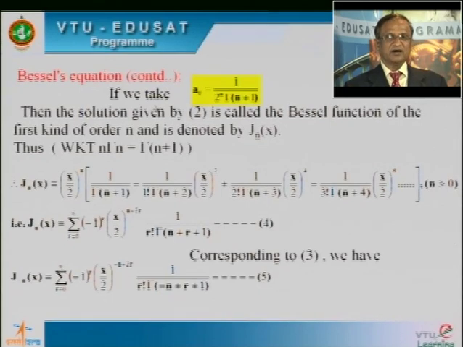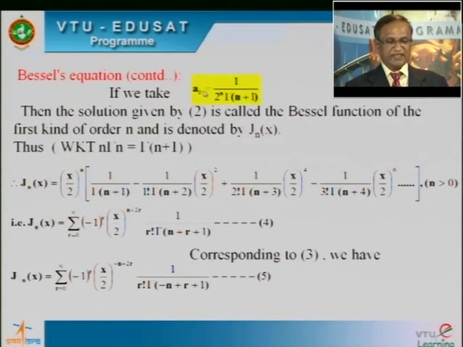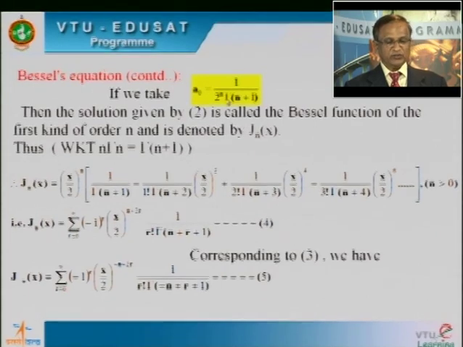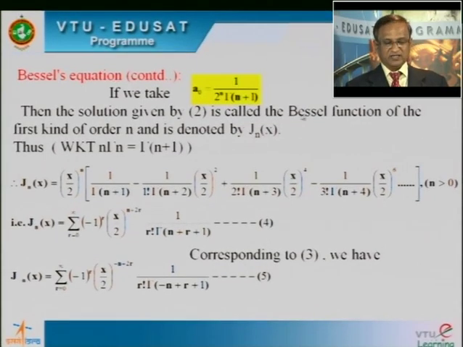Suppose I replace a₀ by 1/(2^n Γ(n+1)). Then the solution given by equation 2 is called the Bessel function of the first kind of order n and is denoted by Jₙ(x). We also know that nΓ(n) = Γ(n+1).